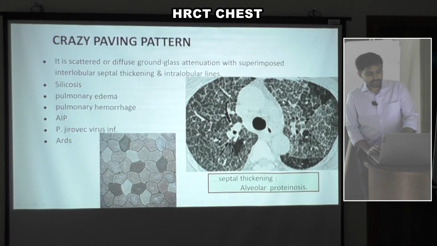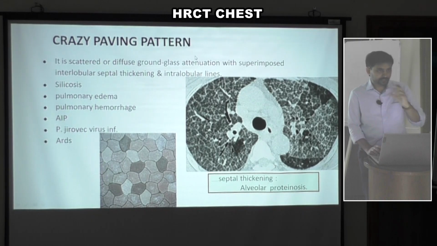Ground glass opacity associated with interlobular septal thickening is one of the most common findings in advanced conditions. That means the interstitium of the lung is overfilled with fluid, hemorrhage or fibrosis.